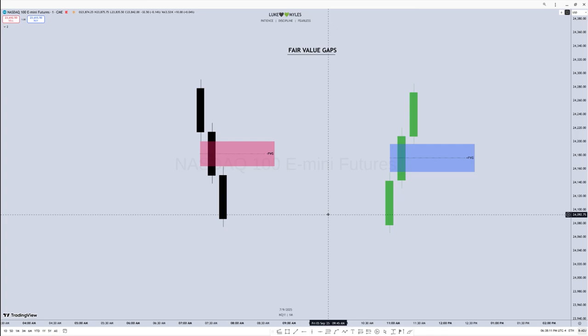Now we have some tricky scenarios where we have what we call volume imbalances. Volume imbalances are also gaps in the market, but these are left when price jumps, or when price delivers in a certain direction with such high volume that it leaves gaps in the market that do not have price action within them.